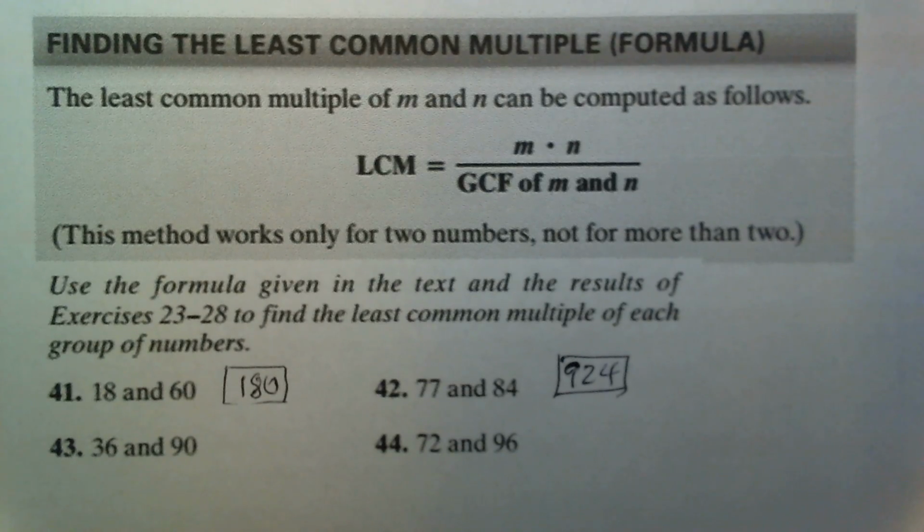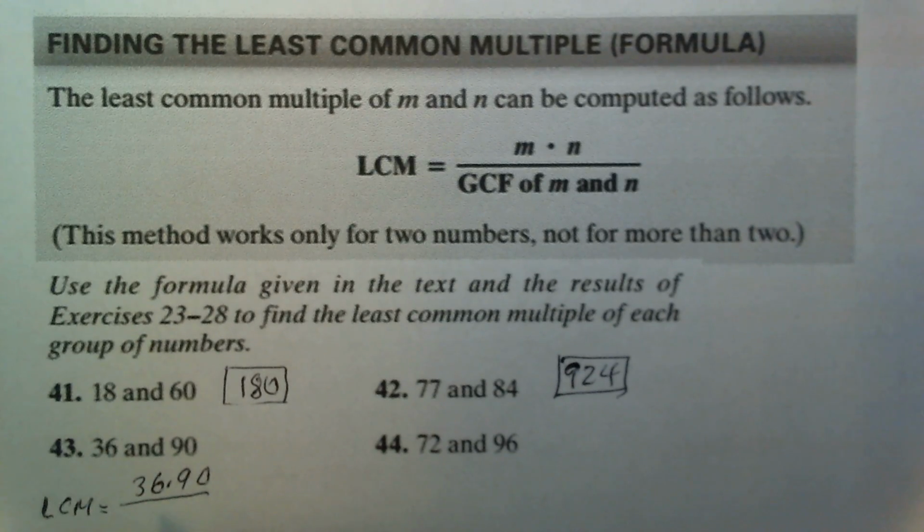So for number 43, the least common multiple is equal to 36 times 90 divided by the greatest common factor of 36 and 90. So that would be equal to 180.